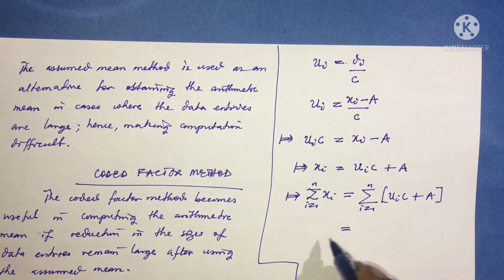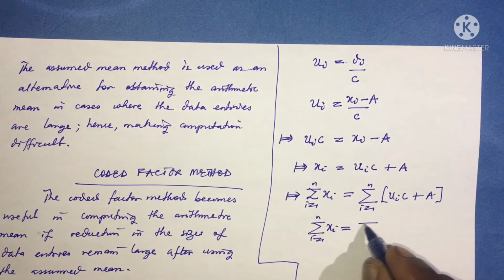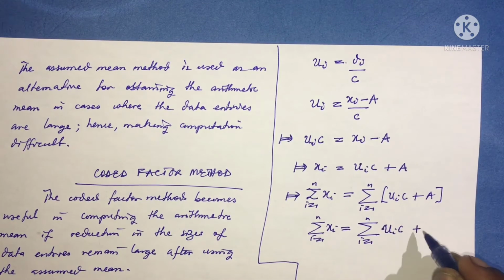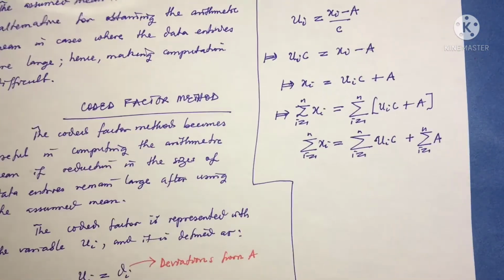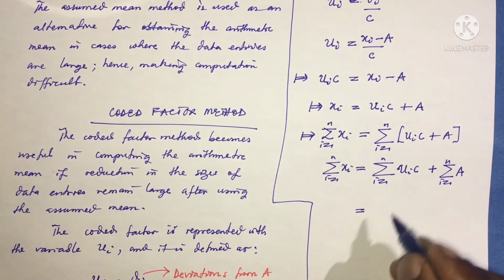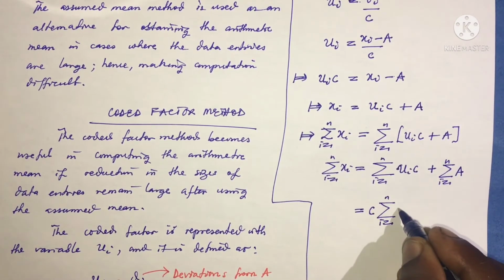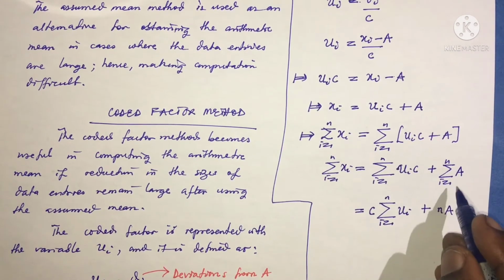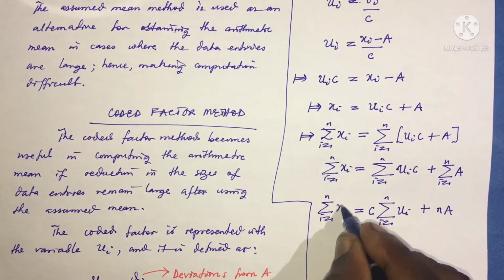And that will give us summation from i equals 1 to n xi equals summation from i equals 1 to n of ui times c plus summation from i equals 1 to n of a.